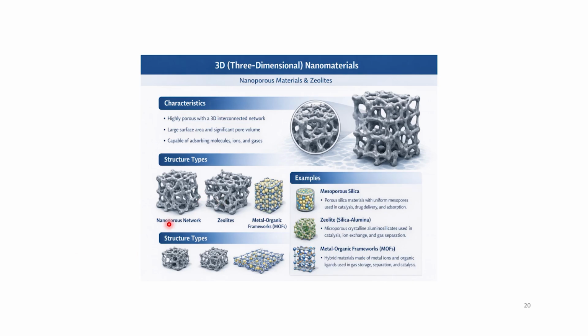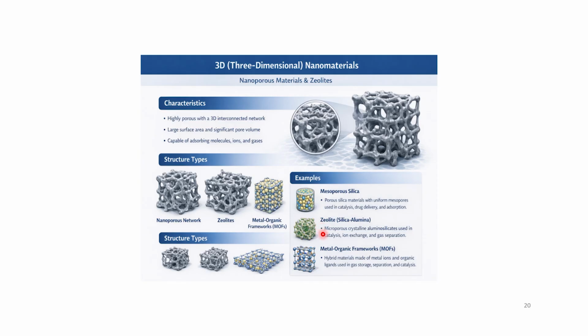These are the structural types. They can be a nanoporous network, zeolites or metal organic frameworks. Examples are mesoporous silica, porous silica materials with uniform mesopores that are used in catalysis, drug delivery and adsorption. So you see there's a huge surface area and significant pore volume, so it can be used in catalysis very efficiently.